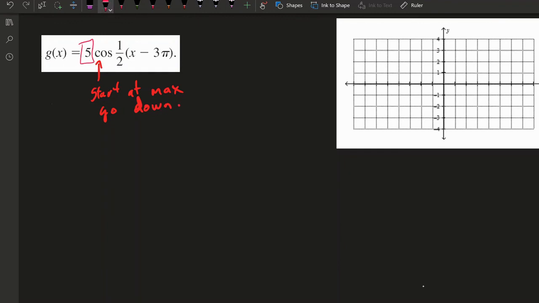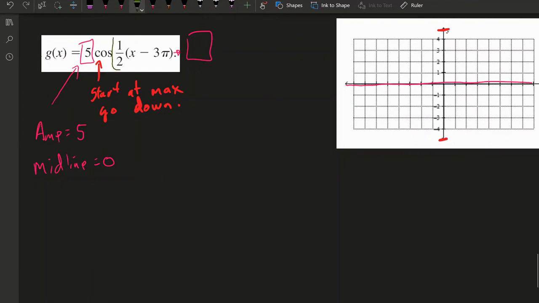We've got a 5 out front, so that means the amplitude is 5. Now, I don't have a k value right here, so that means that the midline is 0. So the midline's at 0. My maximum is going to be 5, and my minimum is going to be -5.